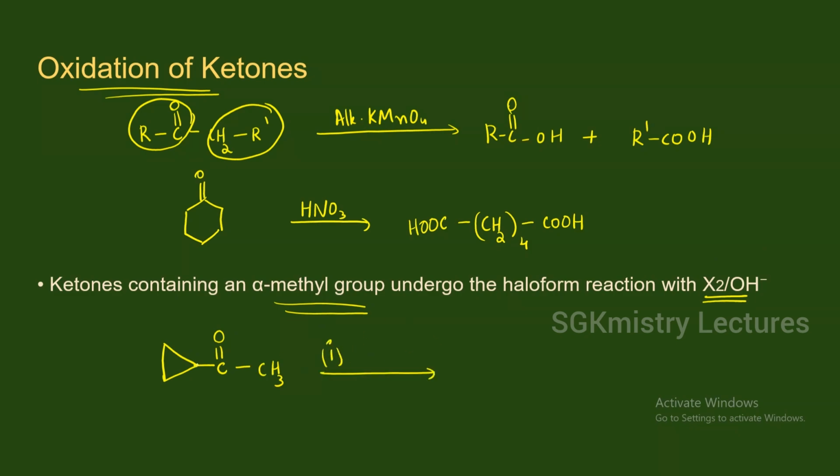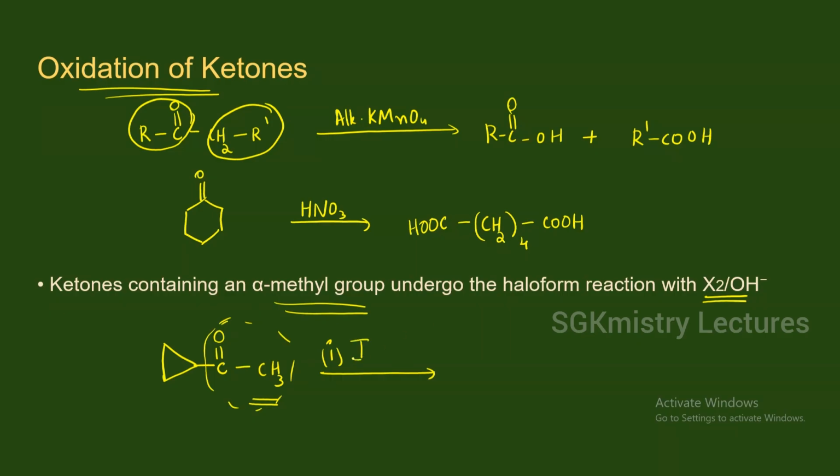There is a cyclopropene ring also present, so the two substituents are the cyclopropene ring and the methyl substituent. You can easily see there is a methyl group adjacent to the C=O group. Only such compounds, where there is a methyl group adjacent to the C=O group of the ketone, undergo the haloform reaction.